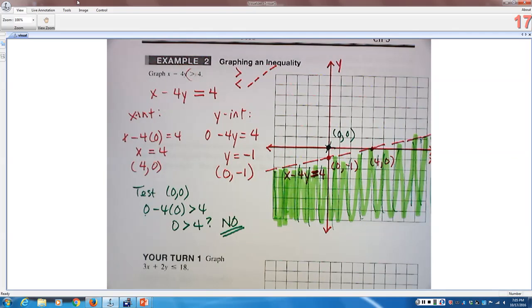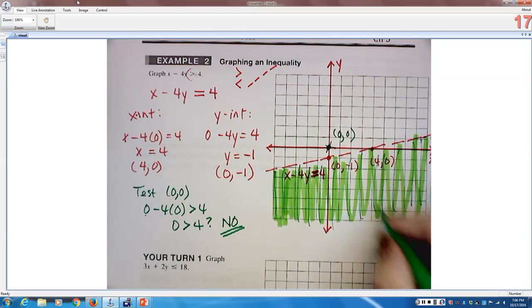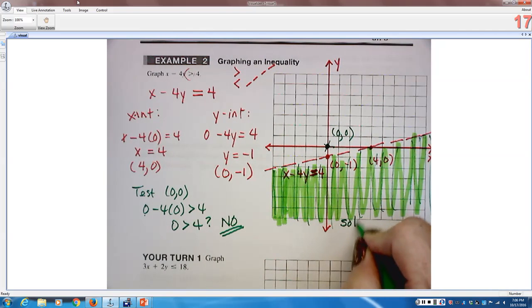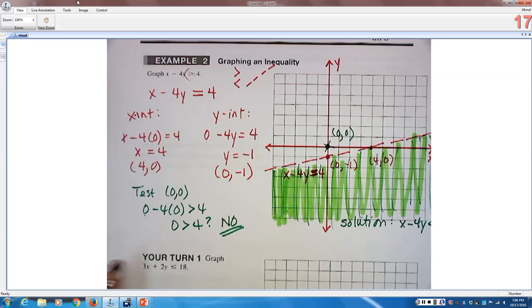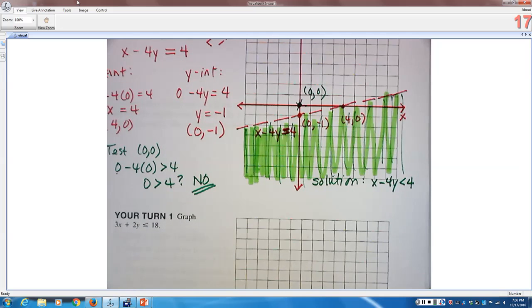It goes all the way up to it, but doesn't include it. So that's the solution to x minus 4y is greater than 4. Only points that are below the line.